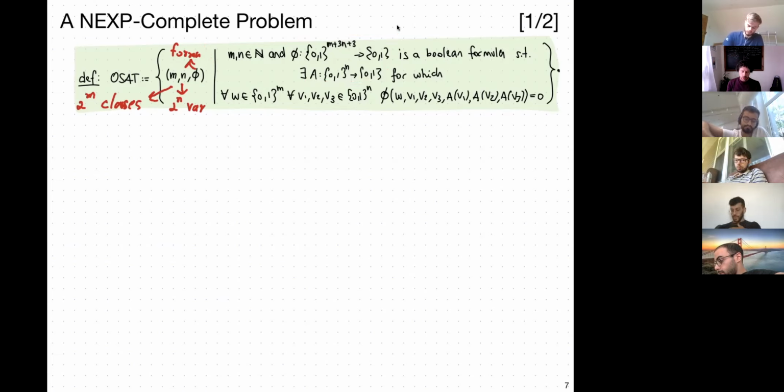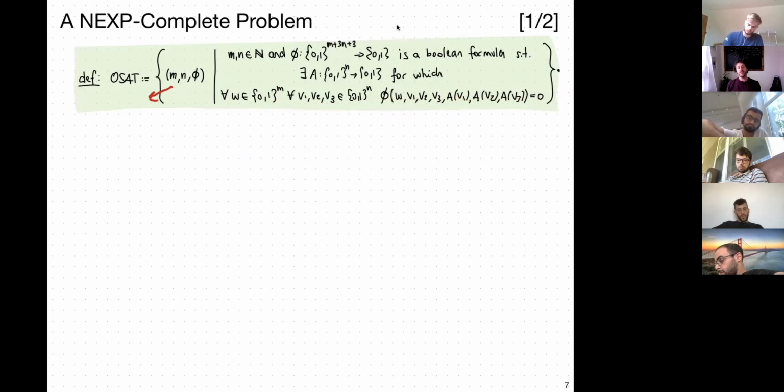What we'll do now is we're going to say that we want the following condition to hold. For every W in M, think about it roughly as for every clause, and for every 3 variables out of the 2 to the n possible variables, we want this assignment, where W will indicate the active clause, V1 to V3 will dictate the active variables, and this would be the assignment to this variable.